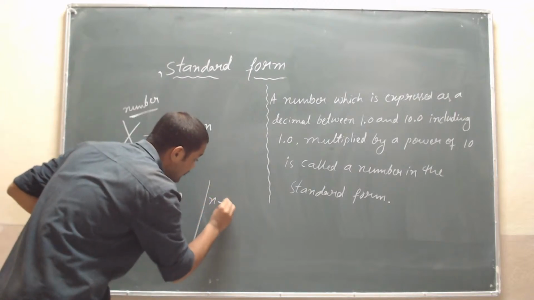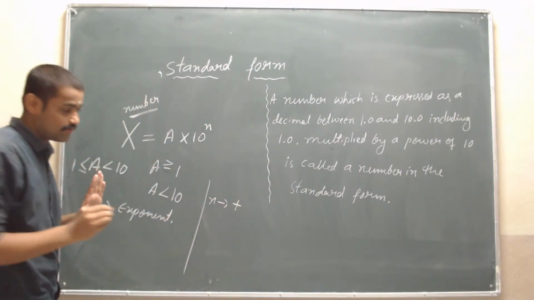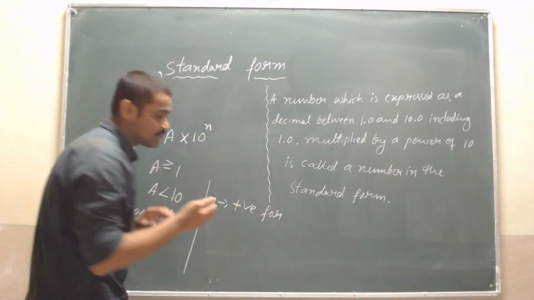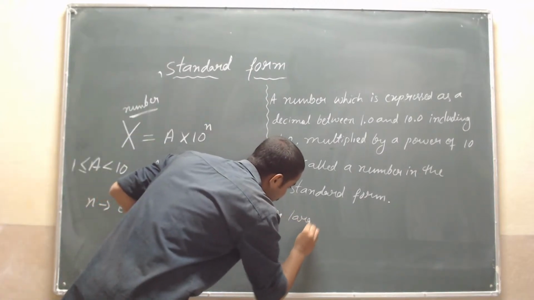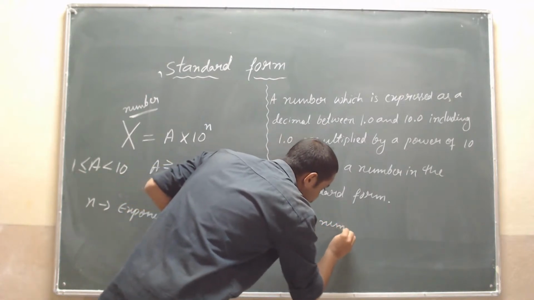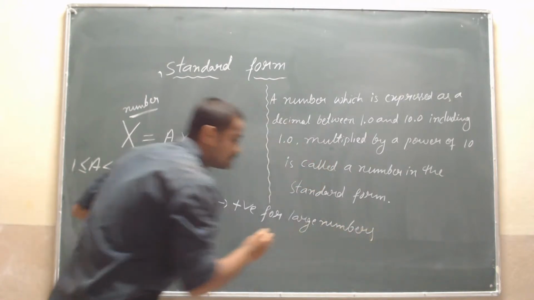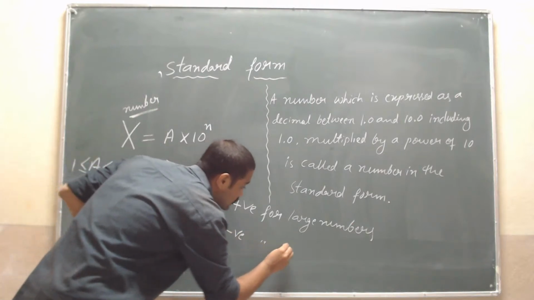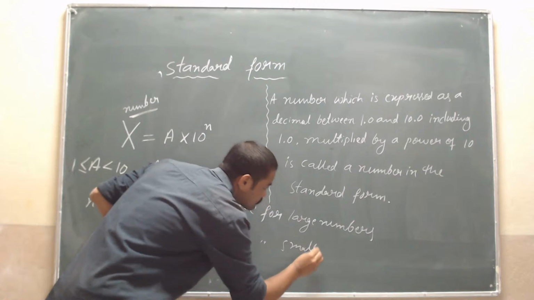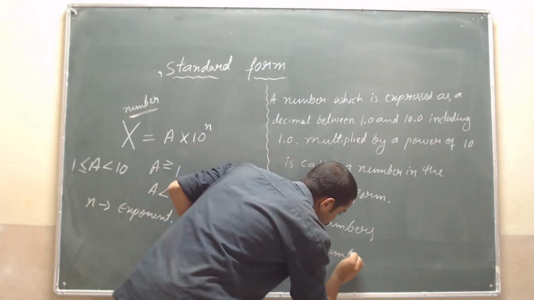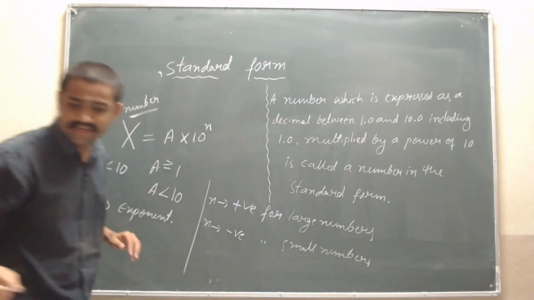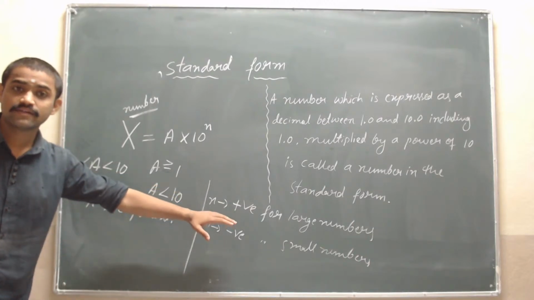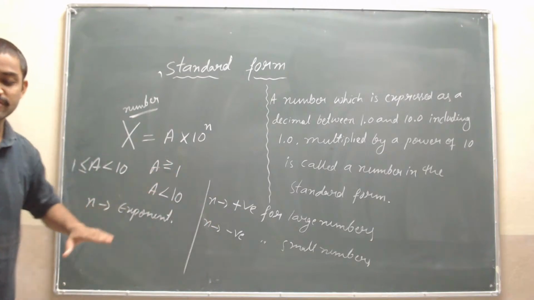See here, n is positive for large numbers and n is negative for small numbers.